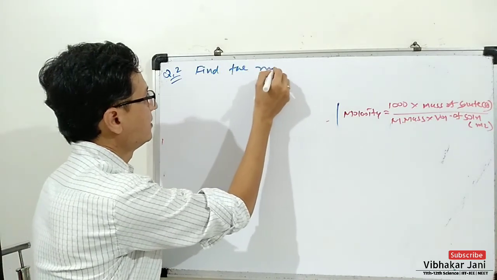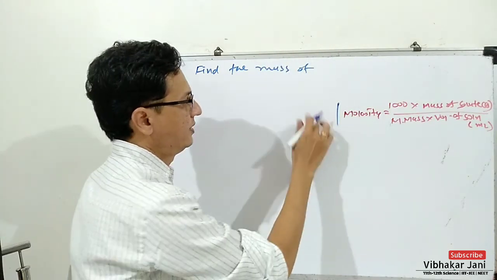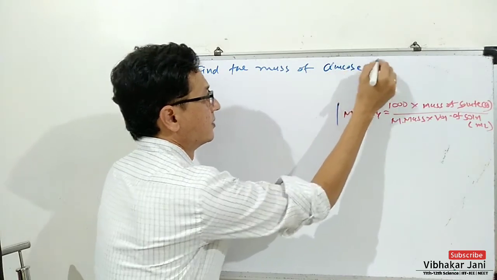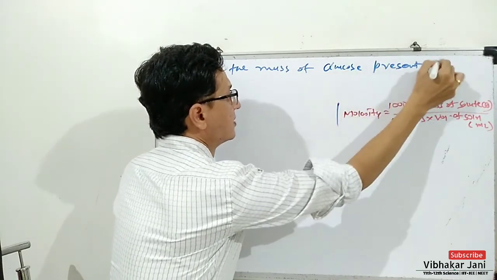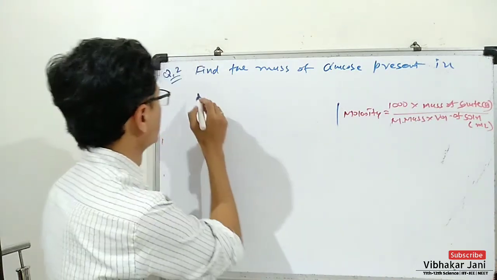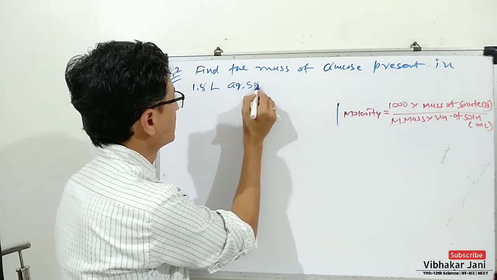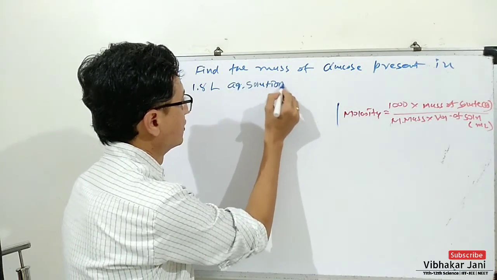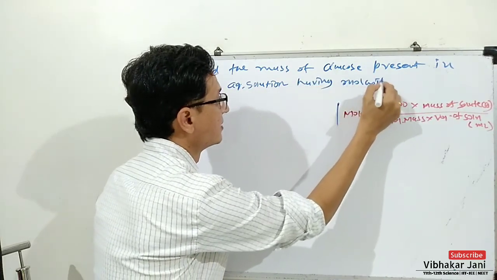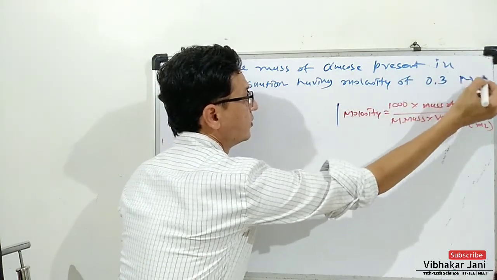Find the mass of glucose present in 1.8 liter aqueous solution having molarity of 0.3 molar.